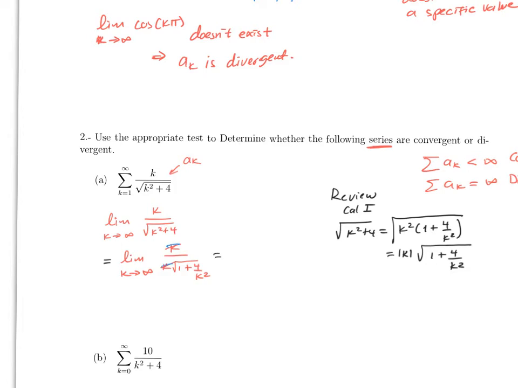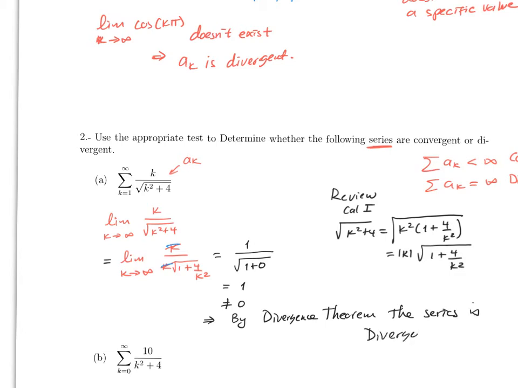So therefore this will be equal to 1 over the square root of 1 plus 0, which is 1. Now, since the limit is not equal to 0, then by the divergence theorem, the series is divergent. And that's it.